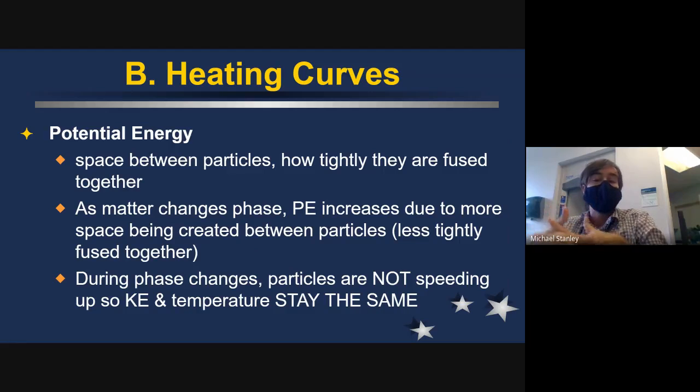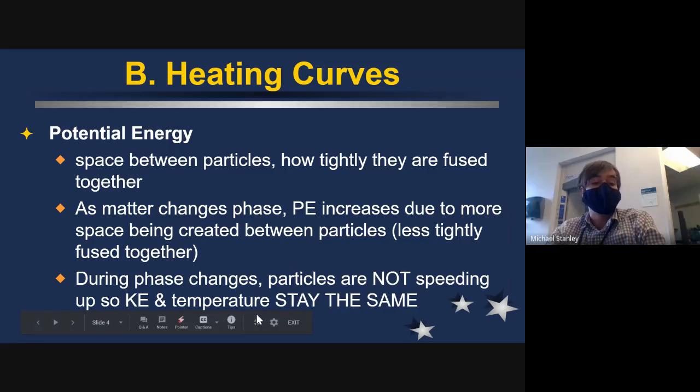So the reason why we have those flat parts on the graph, that I'll go back and look to in just a second, is that while we are changing phase, while we're changing that potential energy, the particles themselves are not getting any faster or slower. They're just kind of being moved apart from one another.